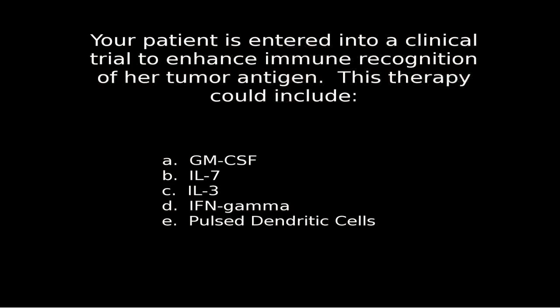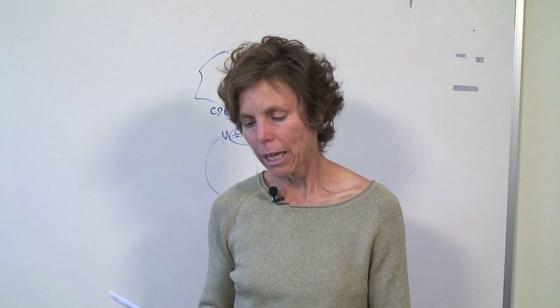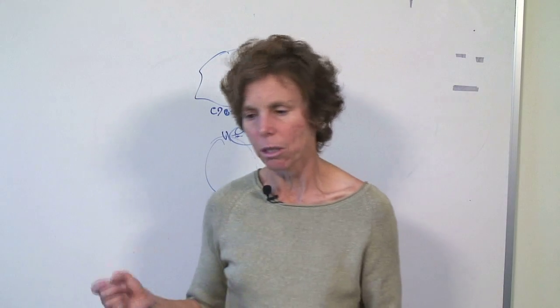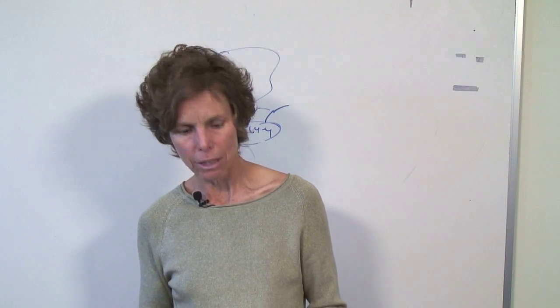Okay. Number 3, your patient is entered into a clinical trial to enhance immune recognition of her tumor antigen. So this therapy would include what? What we're looking for is immune recognition. This is what they call translational medicine, where you're using this immunology to treat specific diseases.